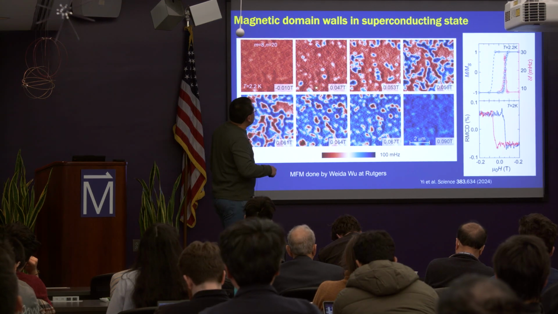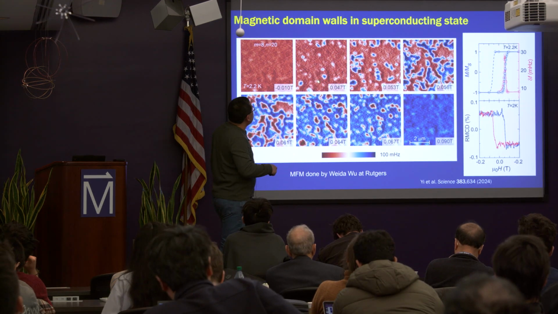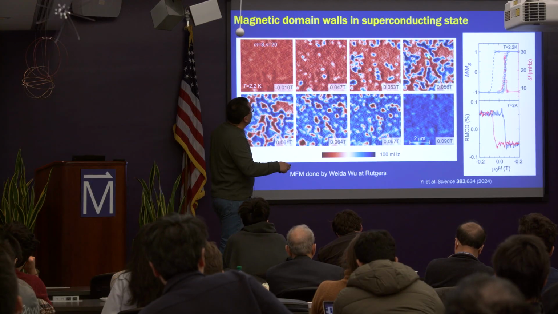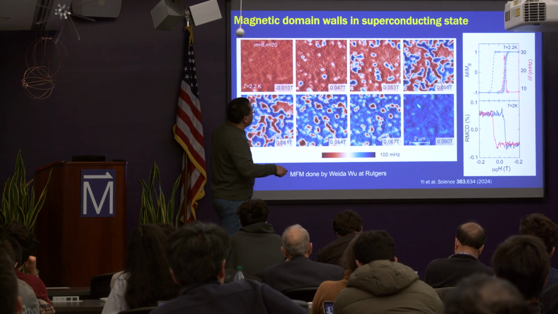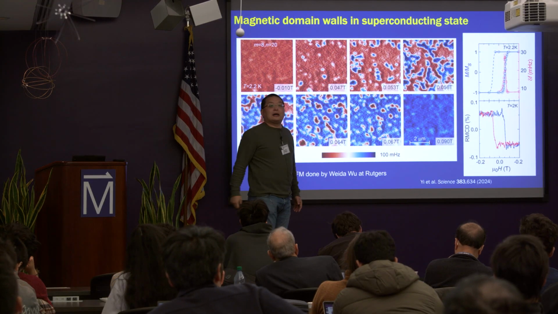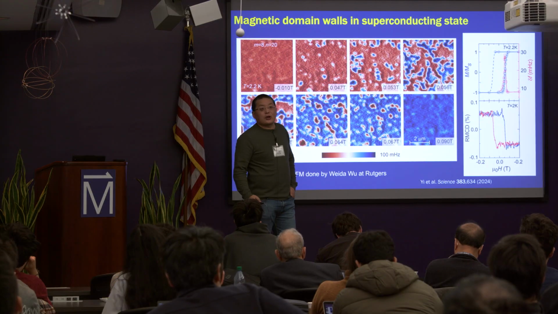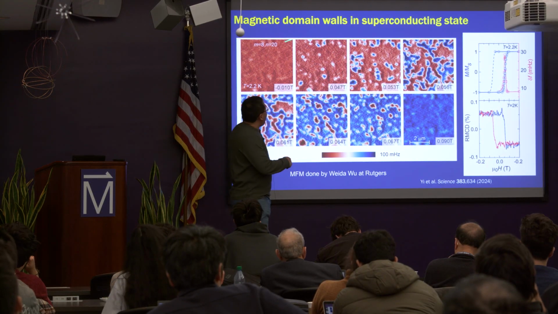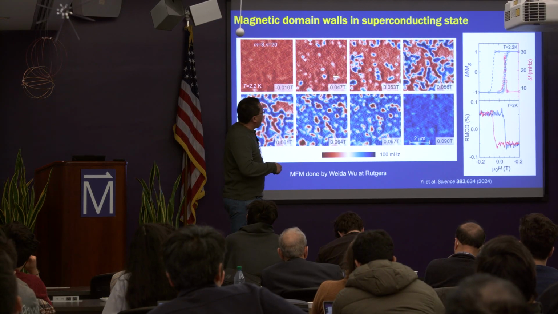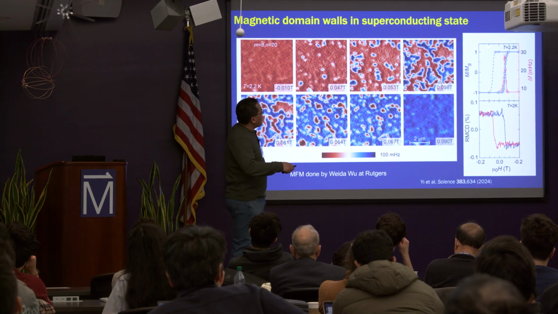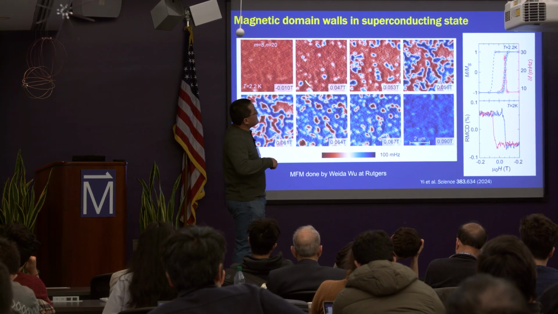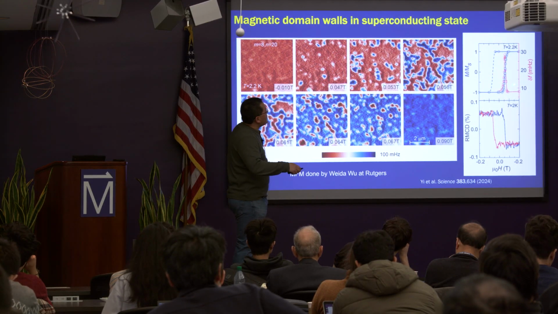We systematically change the magnetic field, and domains will gradually form, and at high magnetic field it will become the downward single domain state. By analyzing the contrast of this MFM image, we can get a hysteresis loop.